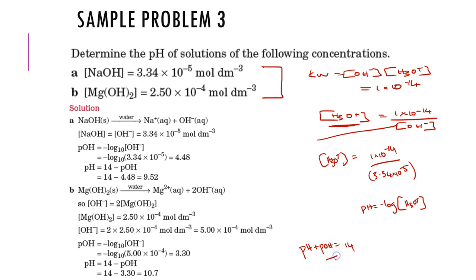Okay, pOH is where we take the negative log of the OH- concentration, and that will give us pOH. So if I want to find the pH and I've been given the concentration of hydroxide, I can say it's going to be 14 minus the pOH, and I'm just going to substitute this value into my pOH equation.